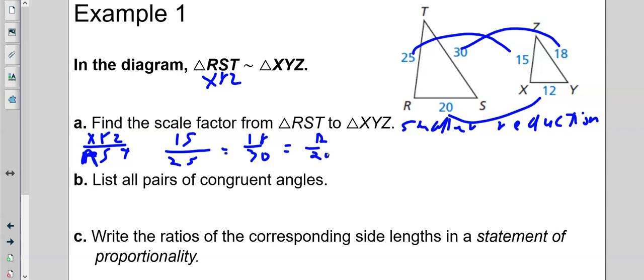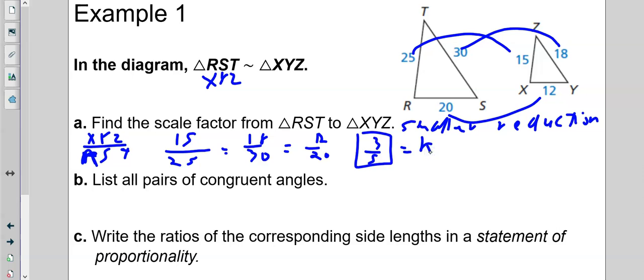Now, all these are reducible. I can divide and get a simplified fraction. 15 and 25 both share a 5. If I divide by 5, I get 3/5. 18 and 30 both share a 6. Divide by 6, you get 3/5. 12 and 20 both have a 4. When you divide, you get 3/5. This is the scale factor.